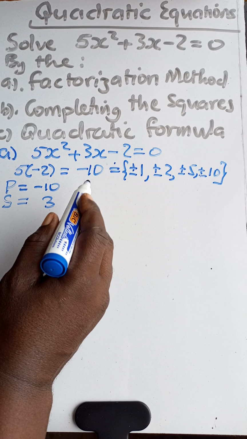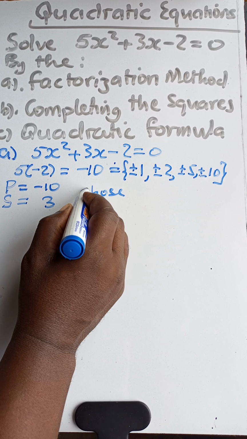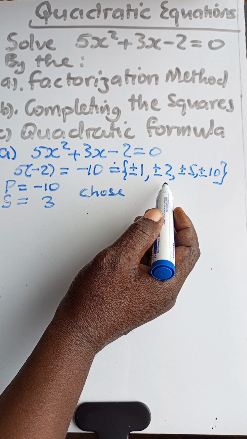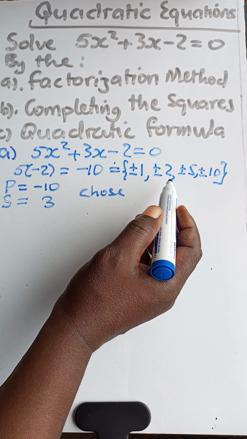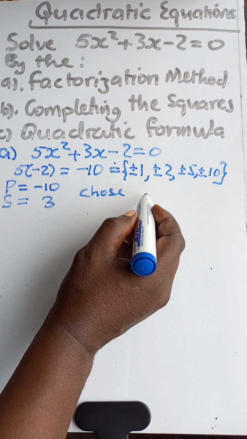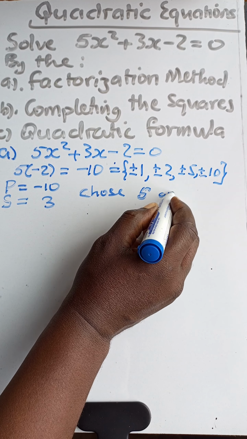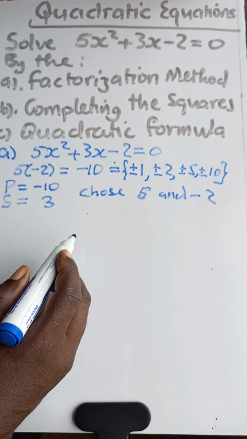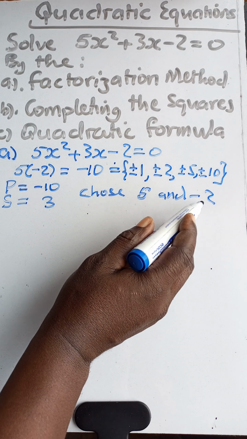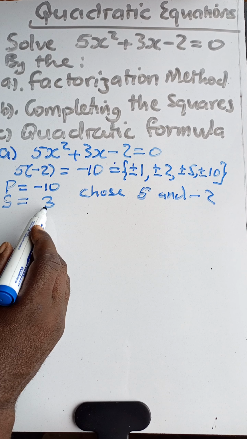So our choice should be positive 5 and negative 2, because the product is negative 10 and the sum is 3.